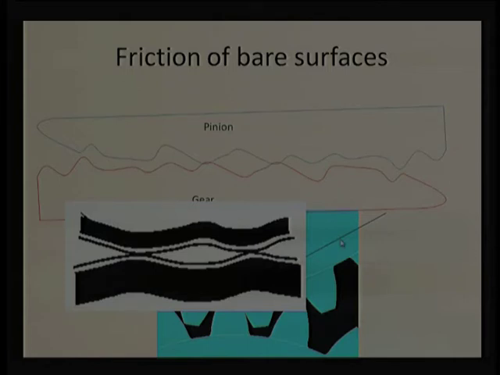What we are discussing here is particularly for metallic surfaces, and mostly gears are manufactured with metal surfaces, even though polymers have been used to manufacture gears, but for low load applications. Even in those cases there will be friction losses.